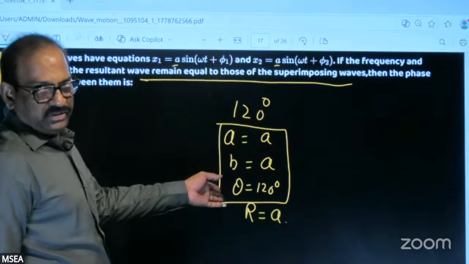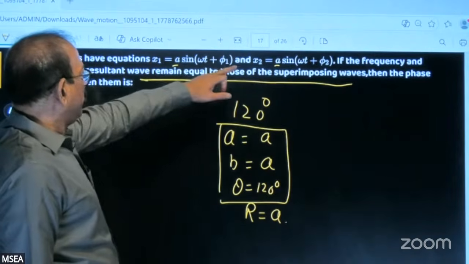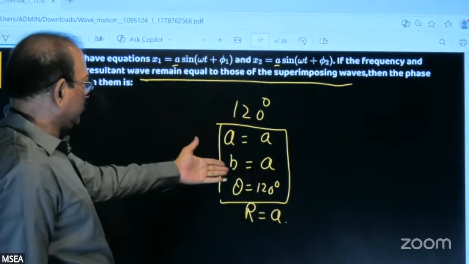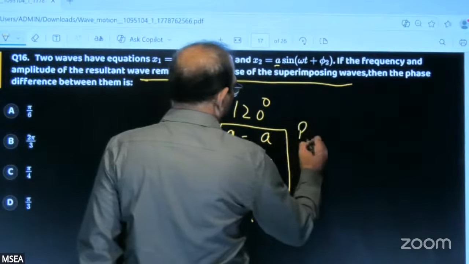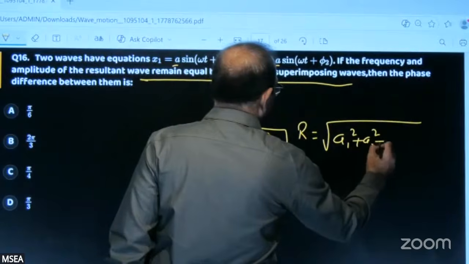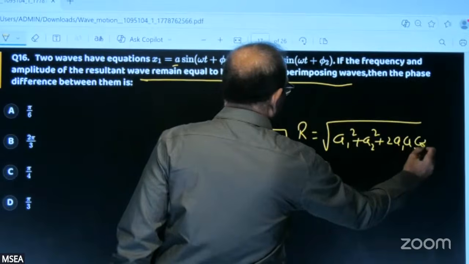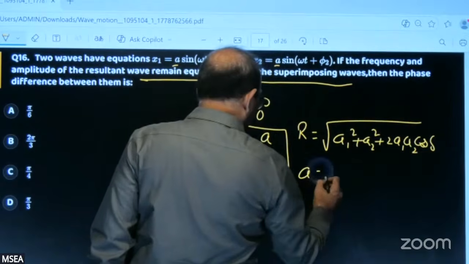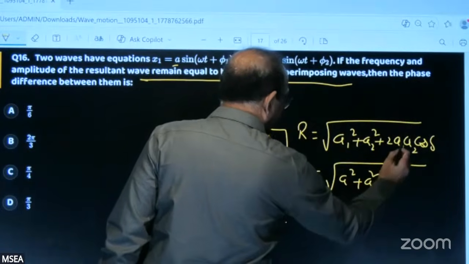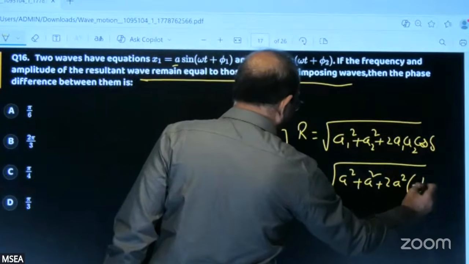A few days back I told you this case. This is that case only. First wave amplitude A, second also A, their resultant also A, means their phase difference is 120. Resultant amplitude is root of A1 square plus A2 square plus 2A1A2 cos delta. This is A, this is also A, A into A, cos 120 is minus 1 by 2.